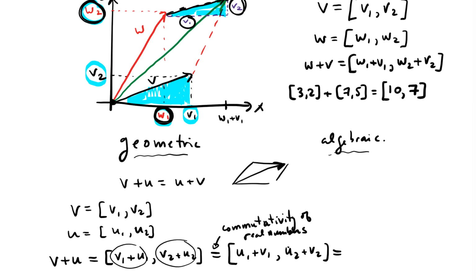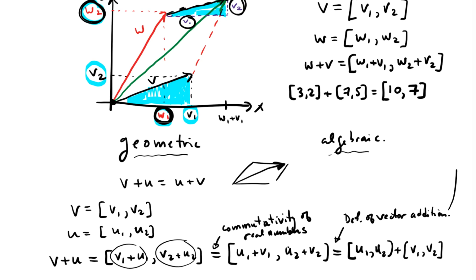And then I can split it up again. This is (u1, u2) plus (v1, v2), and that's with our definition of vector addition using algebra.